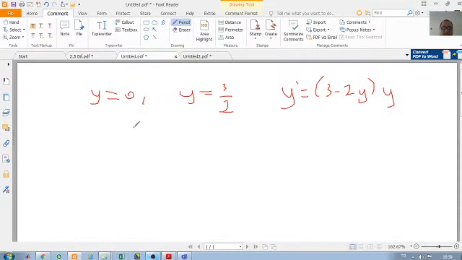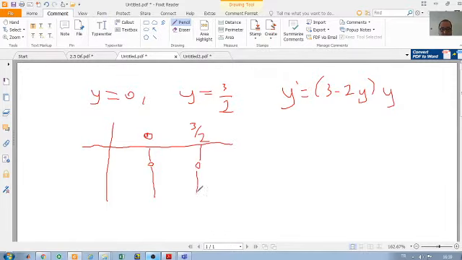So we should find the sign of the first derivative, around 0 and 3 over 2. What is the sign of the first derivative if the value of the variable y is bigger than 3 over 2?